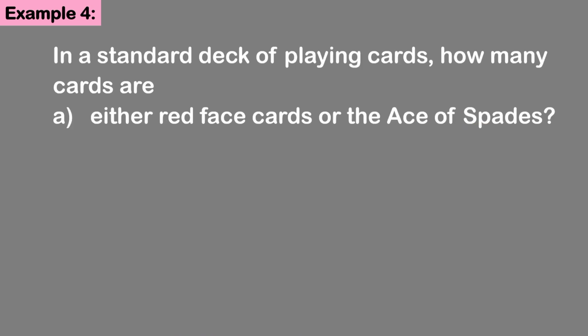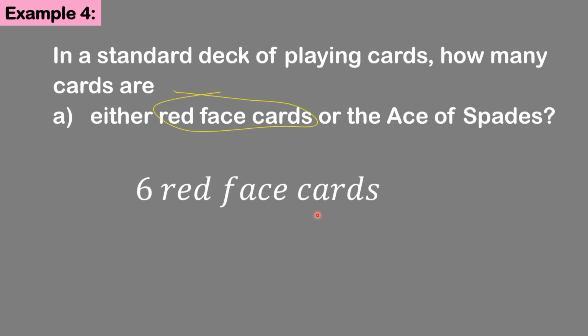Example 4. In a standard deck of playing cards, how many cards are either red face cards or the ace of spades? In a standard deck of playing cards, there are 2 red suits, the hearts and the diamonds. In each red suit, there are 3 face cards, the jack, queen, and king.